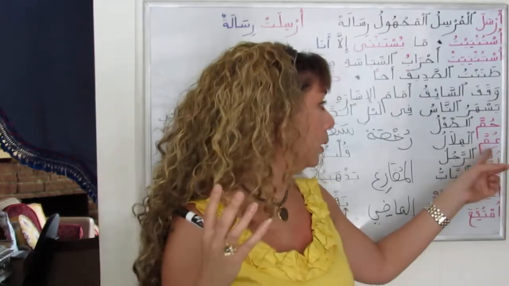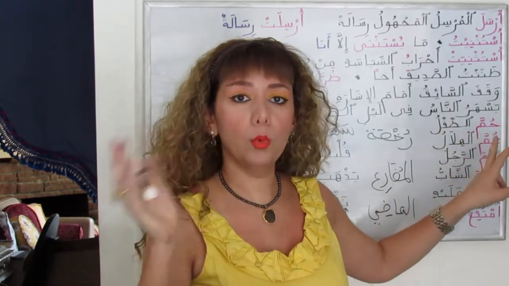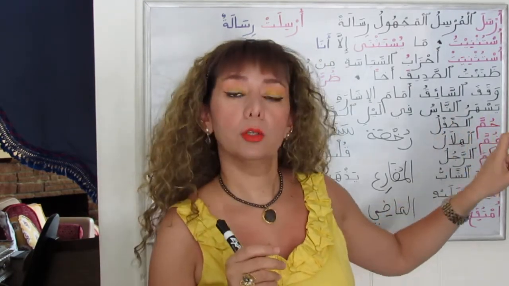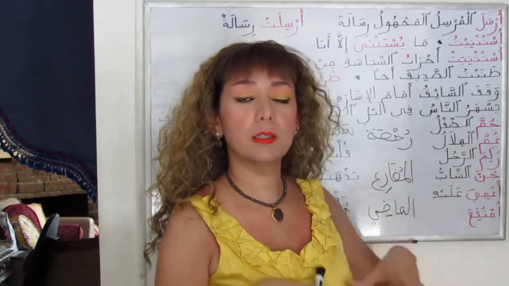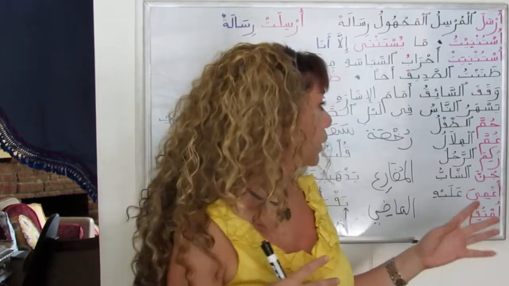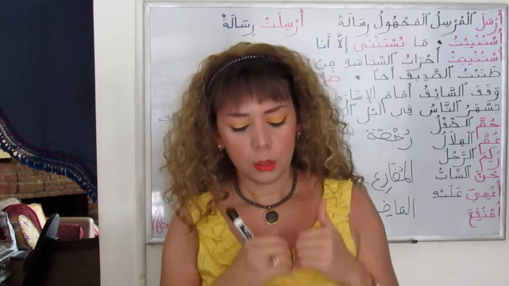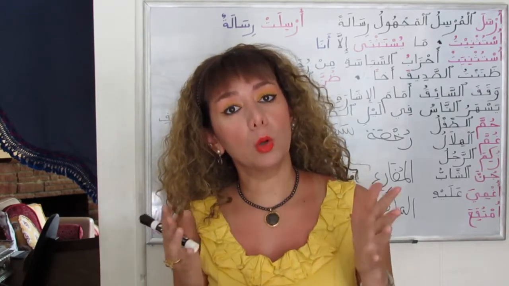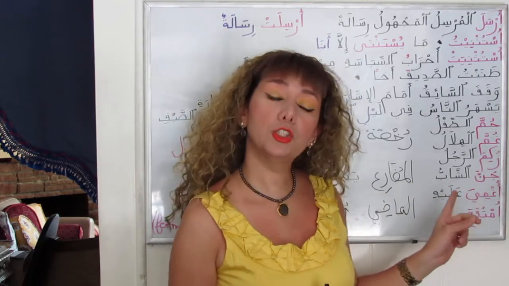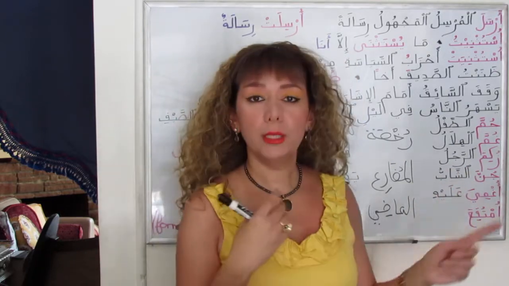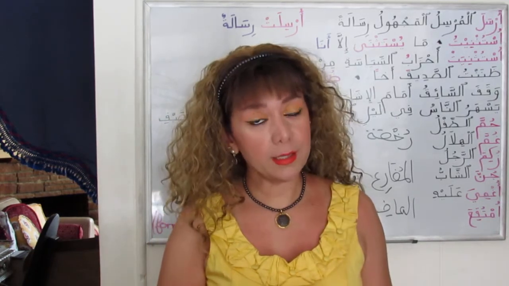So غم, if you are talking about the moon or الهلال, the crescent, so we would say the crescent disappeared. زكم الرجل, the man got a cold, to get a cold. زكم. جن الشاب, the young man went crazy.